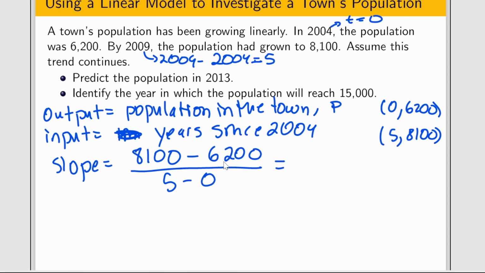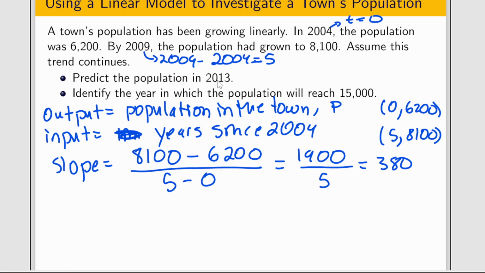That's 1,900 divided by 5. I'm just going to break out a calculator here real quick because I don't want to mess up my arithmetic right here at the end of the video. That is 380. So the town is gaining 380 people each year.